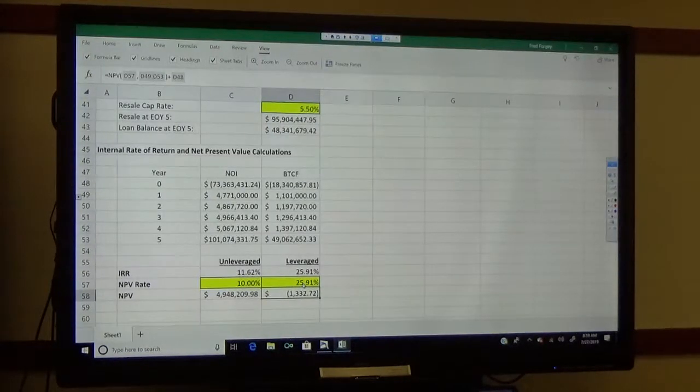Now, the reason it's not 0 is because of rounding. In other words, look at this. Oh, I hate this version of Excel.